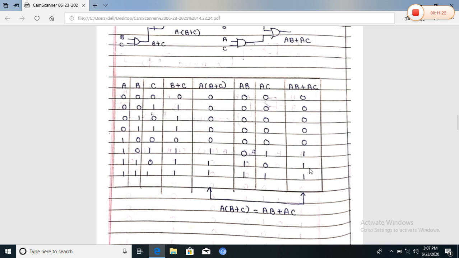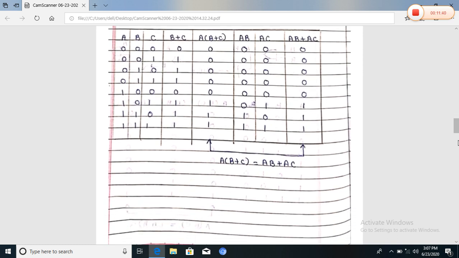The two columns, A into B plus C and AB plus AC, are the same. So this law states that A into B plus C is equal to AB plus AC. This is the distributive law we proved by truth table.